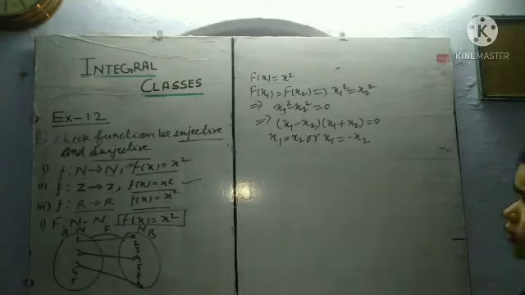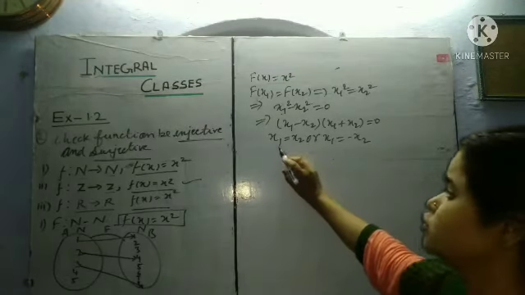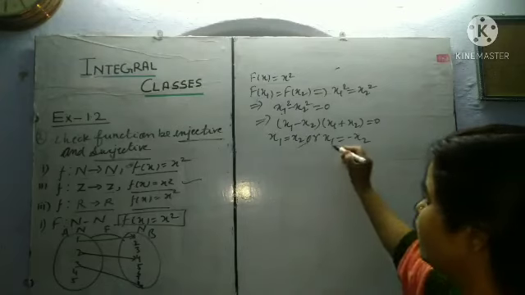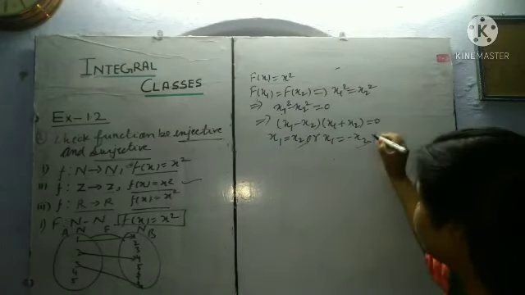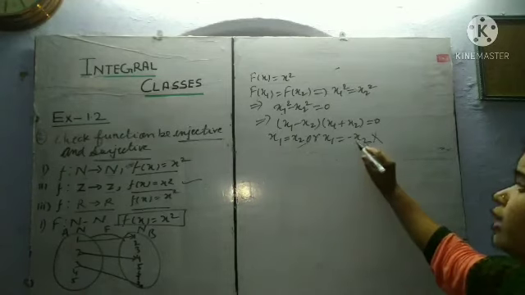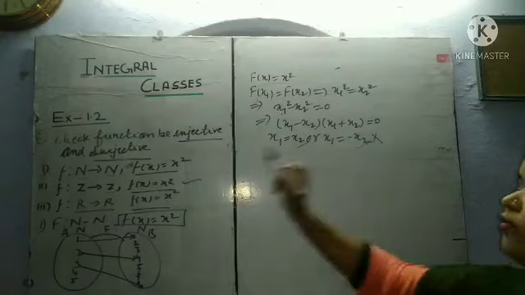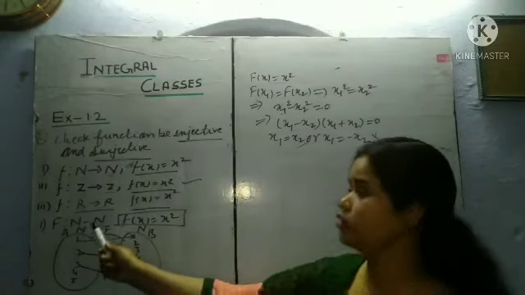So student, now we get the two values: x1 equal to x2 and x1 equal to minus x2. But we will not consider the second value, x1 equal to minus x2, because our function is defined from natural numbers to natural numbers.